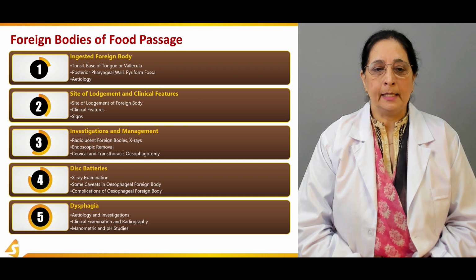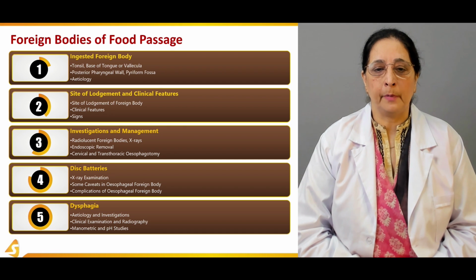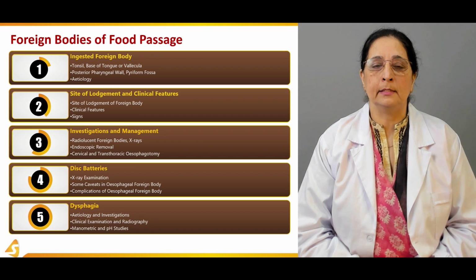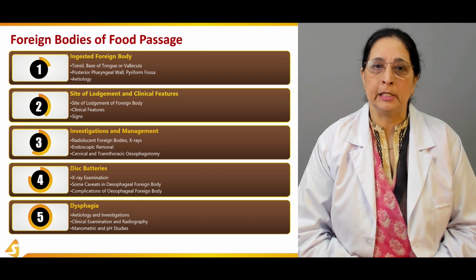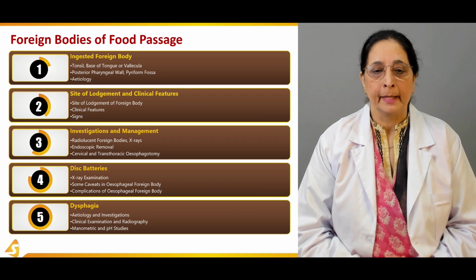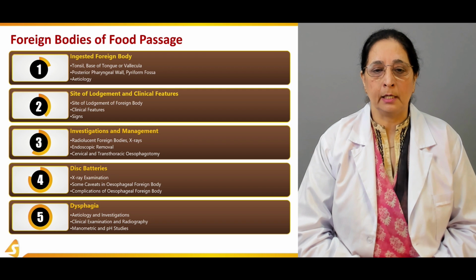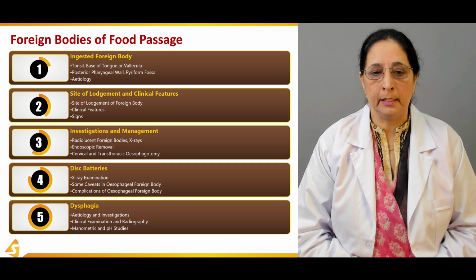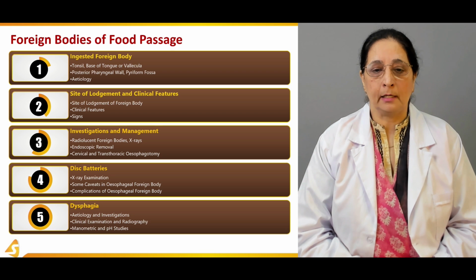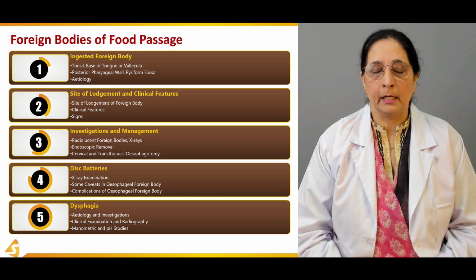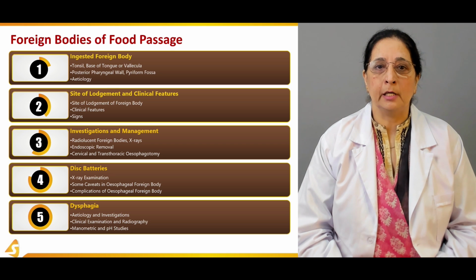sites. Then in the third section, we will talk about some investigative methods for the investigation of foreign body and also how we can manage them. In the investigations, common investigative tests are X-rays, which are very common, and then we can do the examination.